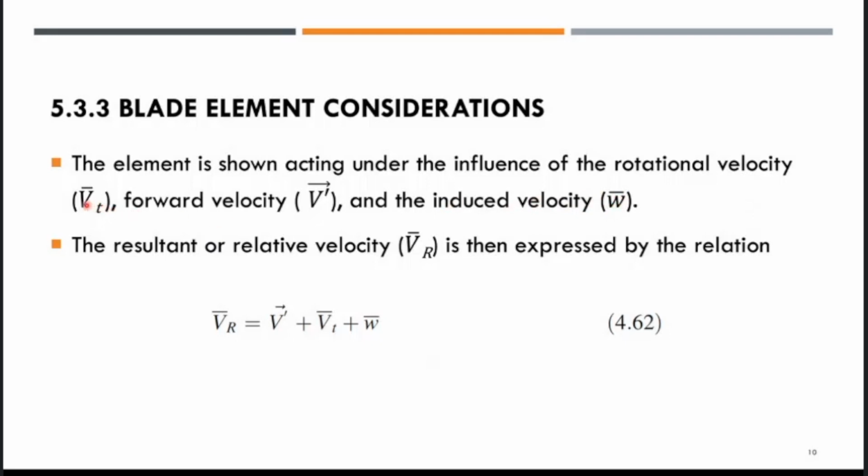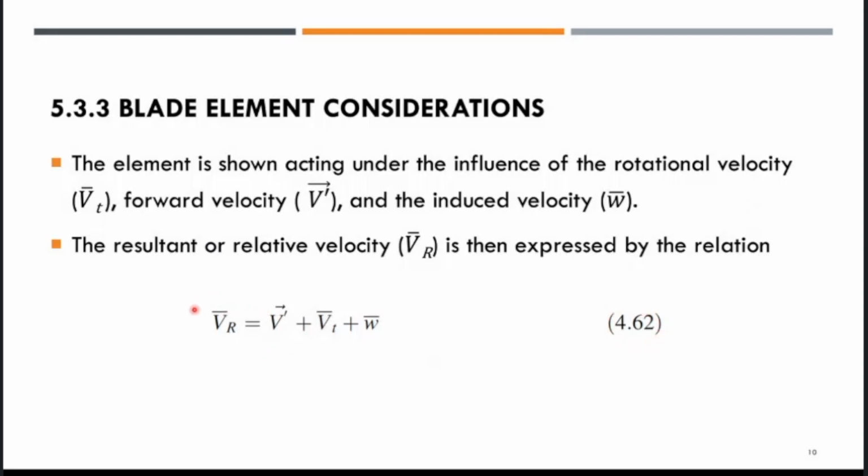So V cap subscript T is the rotational velocity, the forward velocity is V prime with the arrow, and the induced velocity is denoted by the symbol W cap. The resultant or relative velocity, V cap subscript R, where R is resultant, can be expressed in equation 4.62.